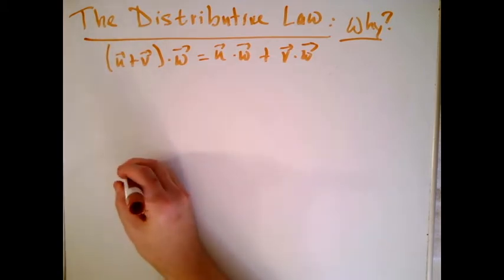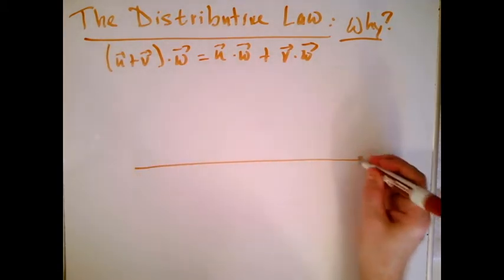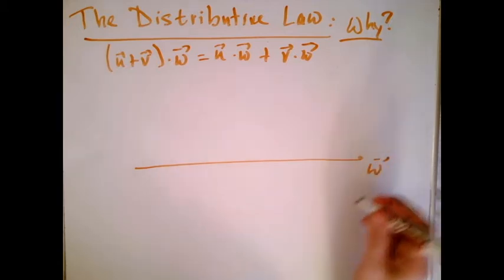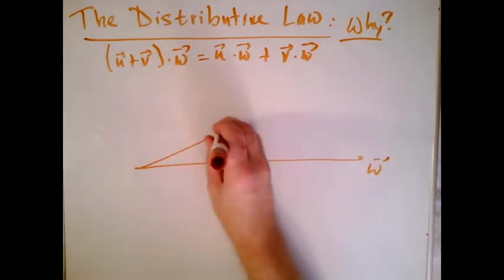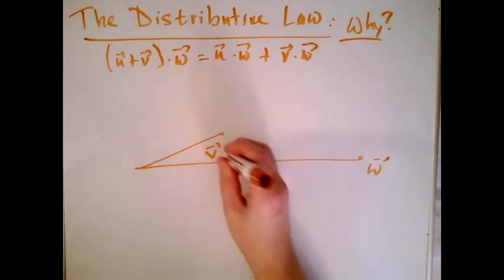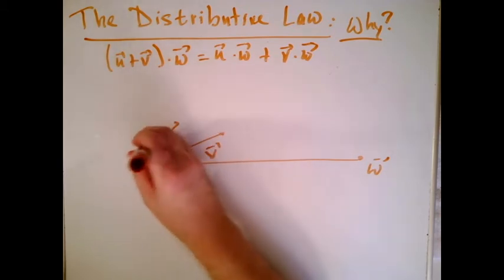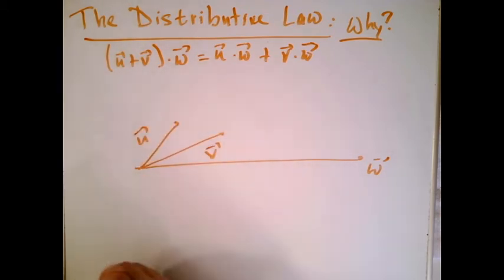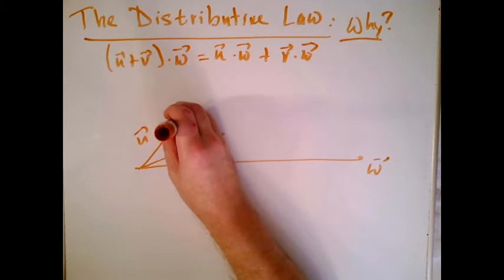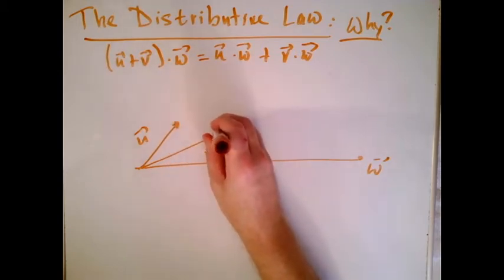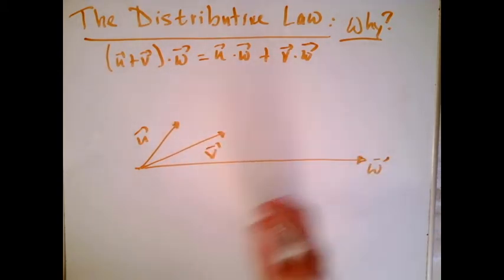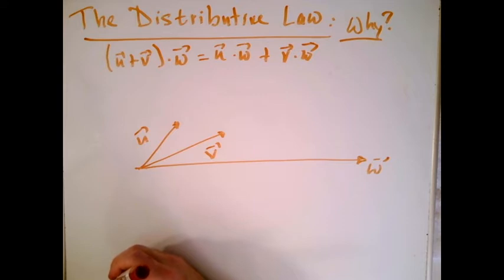We're going to draw the vector W way out here like this. And how about the vector V being here, and the vector U being here like this. We'll make sure we have little arrows here, and start trying to do geometrically what everything is.